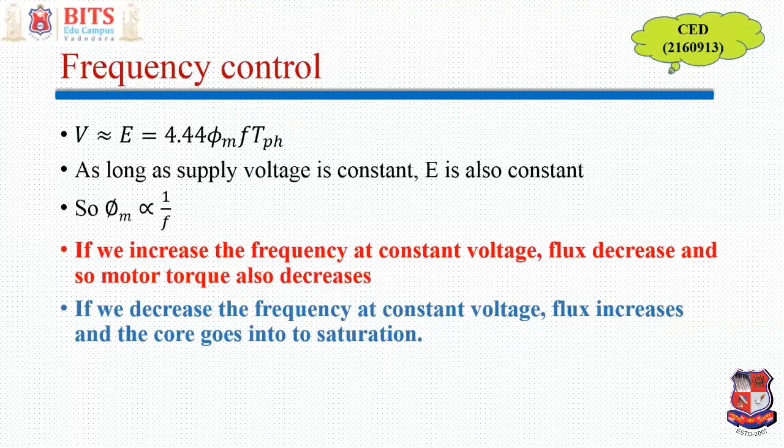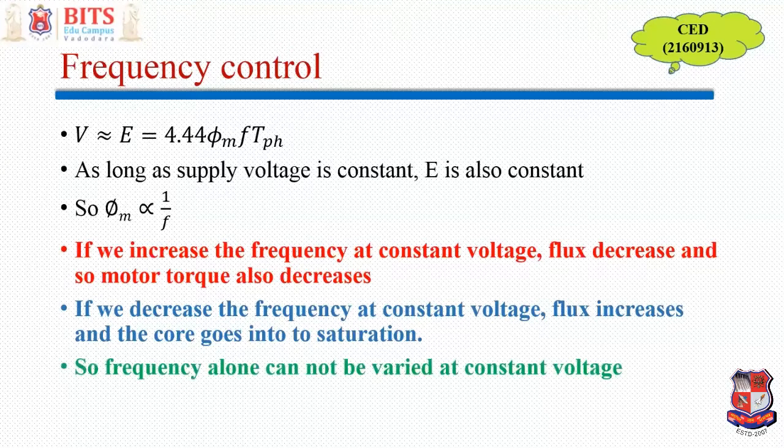And saturation is something that you are ultimately saturating the core of the motor, and motor core is no longer safe in operation. It gets overheated. There's a lot of excitation current drawn, and ultimately if you operate for longer period, core gets permanently damaged. So these two situations are to be avoided, and for that frequency alone cannot be changed, right?